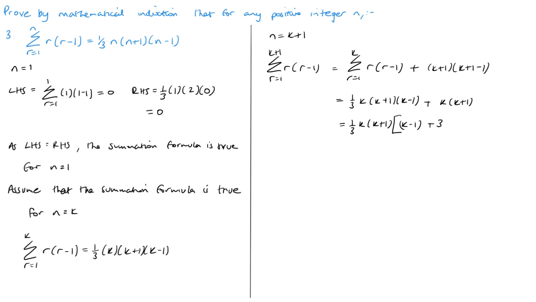No, just 3. Isn't it? Because I've taken a k and k plus 1 out. So that is 1/3 k, k plus 1. And this is now k plus 2.